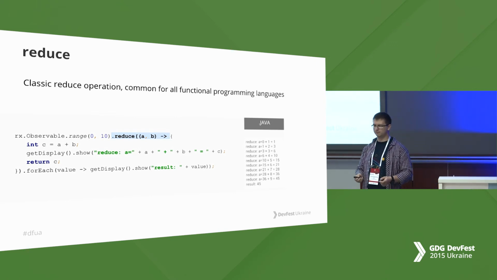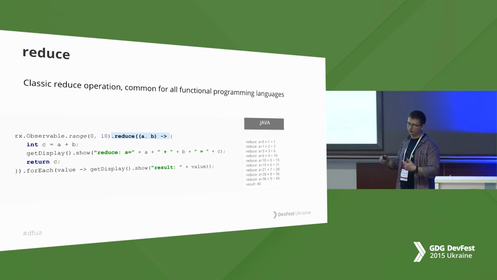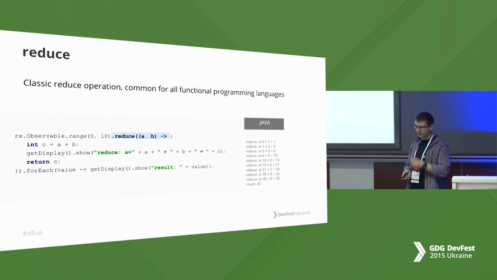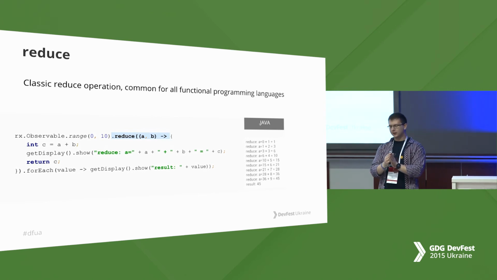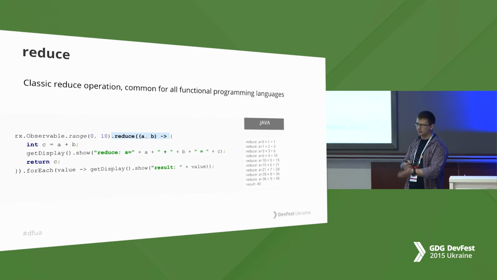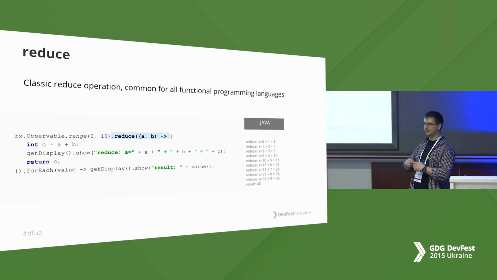It's like taking A and B, making a sum, and returning this value for the next value. So reduce gives us the ability to fold the stream, maybe even fold it into one value, just using some rules. It gives us the ability to control the result of such an operation in reduce on the next step.